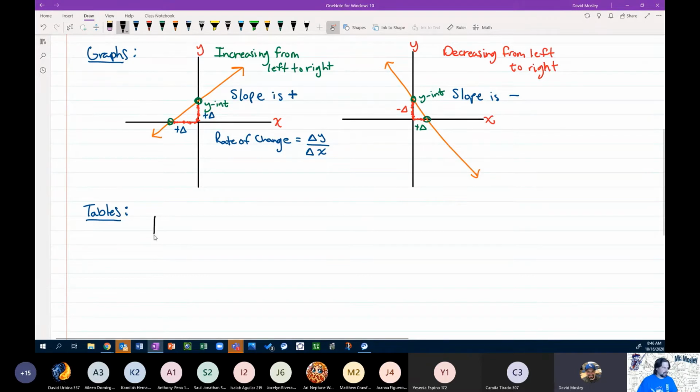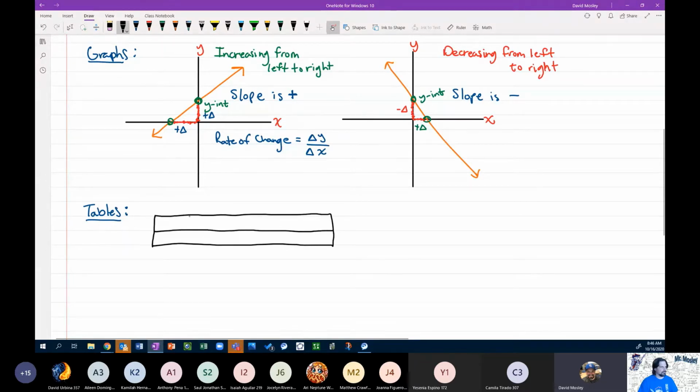The most common one we've seen so far is just a table that we read from left to right. We can have an x variable and a y variable, and then we have numbers in our table. Sometimes it will start with 0. It could start with a negative number, depending on the table.